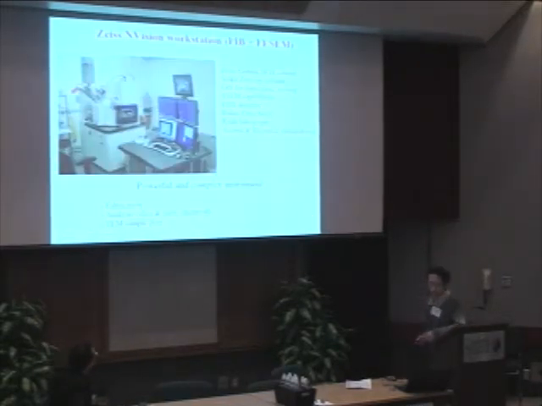A dual column workstation from ZEISS has a very good field emission SEM column and also a gallium ion beam column. In theory, with gallium ions, we can etch anything, just due to pure physical sputtering. Equipped with a lithography system, you can do 3D nanofabrication directly, without involving any resist.